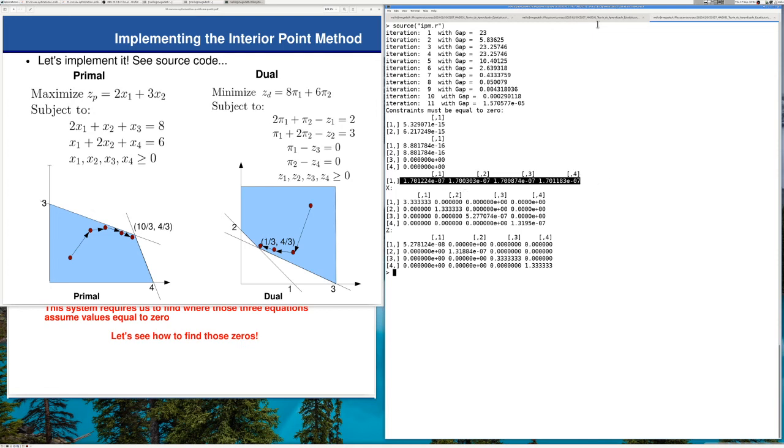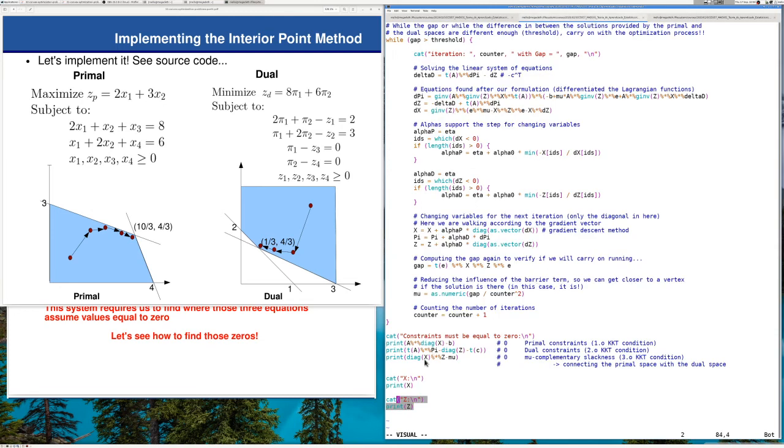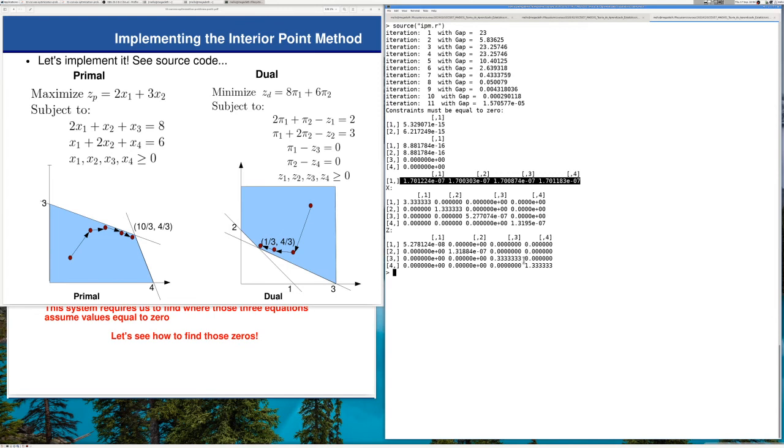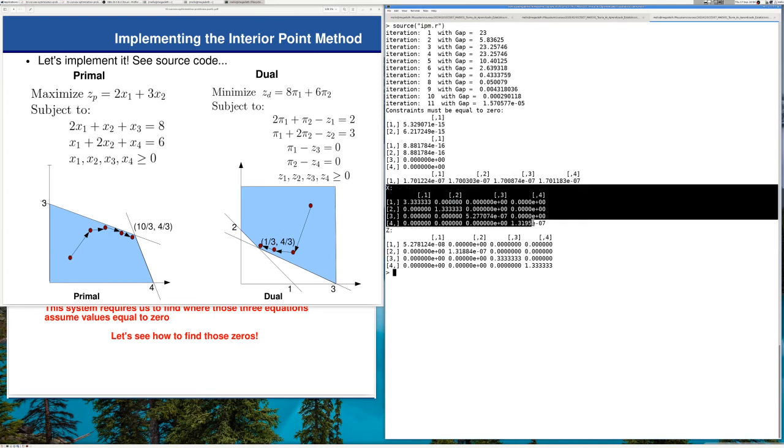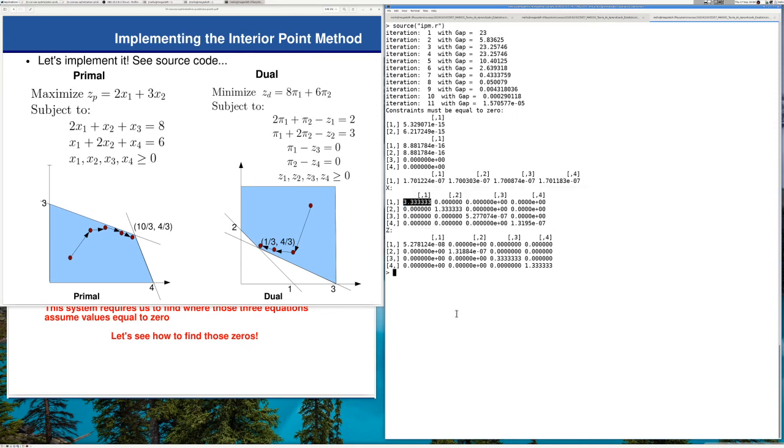Remember, all four. Why? Because we are multiplying the diagonal of x by z, which is a vector. This is going to produce 4 results for us because we've got 4 z's, minus mu, so 4 results. Take a look at the diagonal matrix X. I just apply diagonal to that matrix and I will have X1, that's the solution for X1.